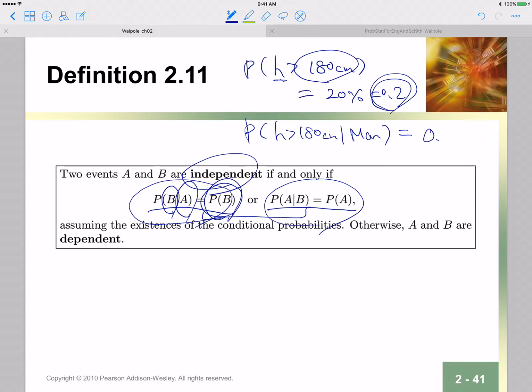More than 0.2, right? So let's say it's 0.3. In this case, this additional information of knowing that this sample is actually a man changes the probability of height being more than 180. So this additional information definitely influenced the probability of this event, right? So in this case, the height and the gender are dependent, right?